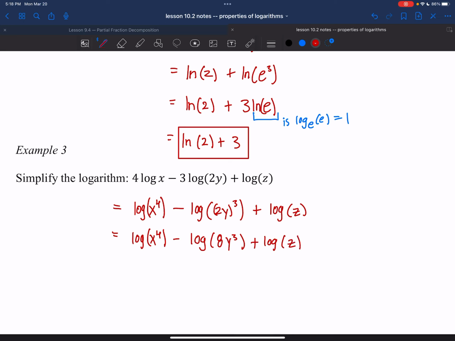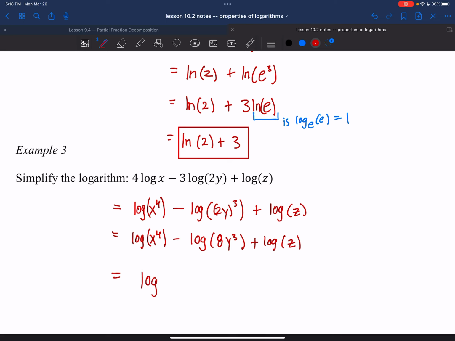Now, if you want to condense this into a single logarithm, well, you multiply the sums, and then you divide the difference, if that makes sense. But you're using product rule and quotient rule at the same time, okay? You can do all three in one fell swoop.